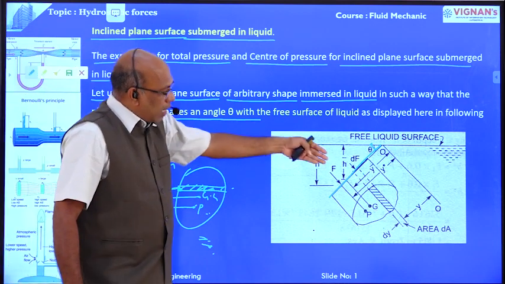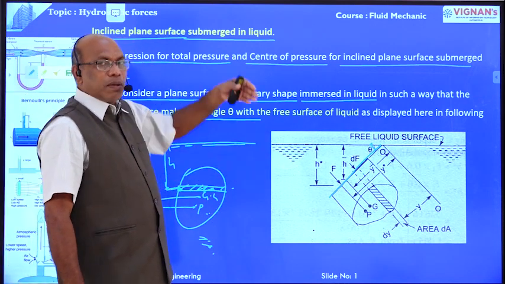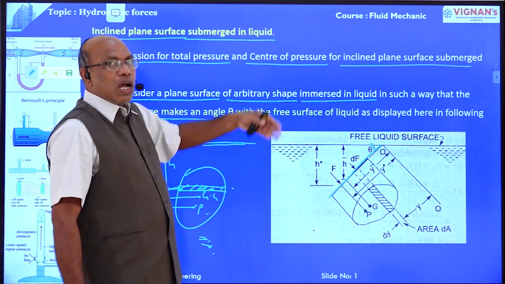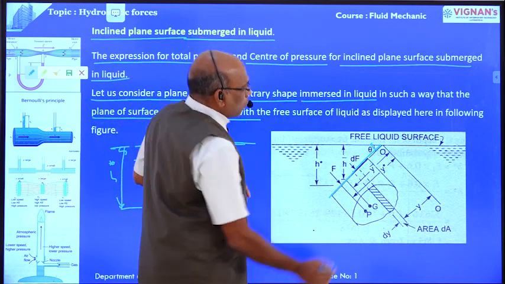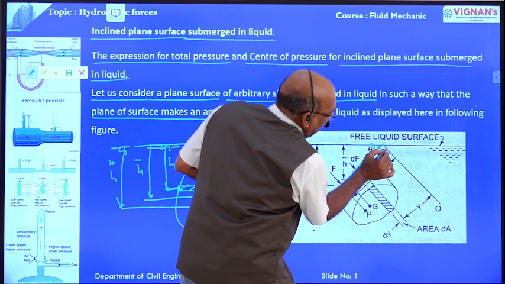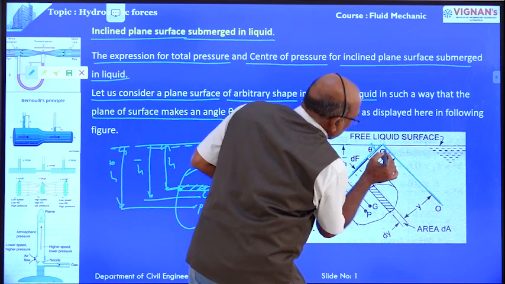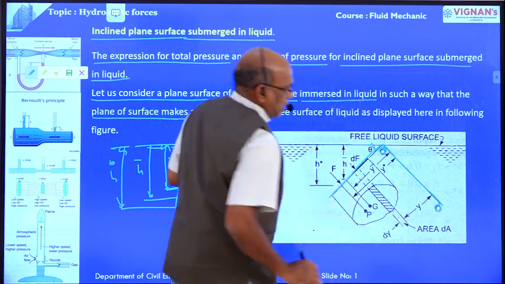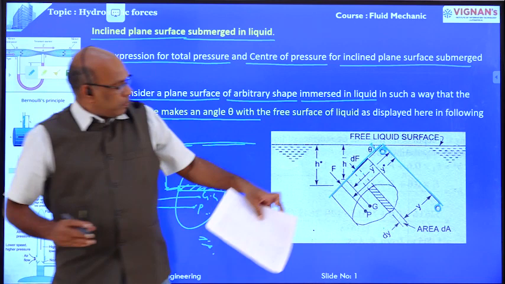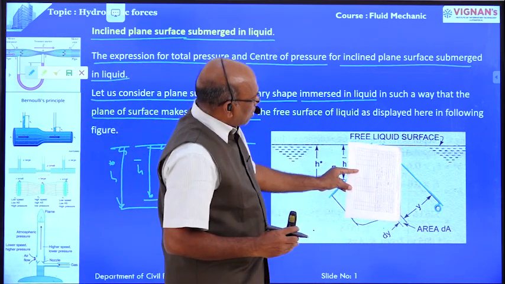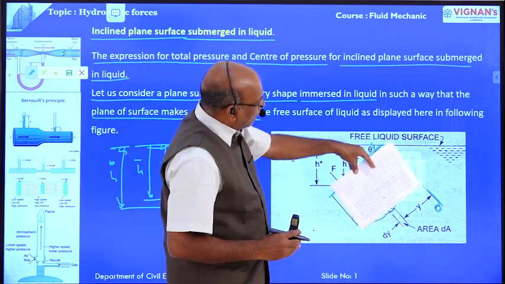But now this is different. The plane surface is immersed in liquid in such a way that it makes an angle theta with the free surface. Now we are going to take one axis, O, O. Initially we submerged the plane surface like this, now we have submerged it like this.